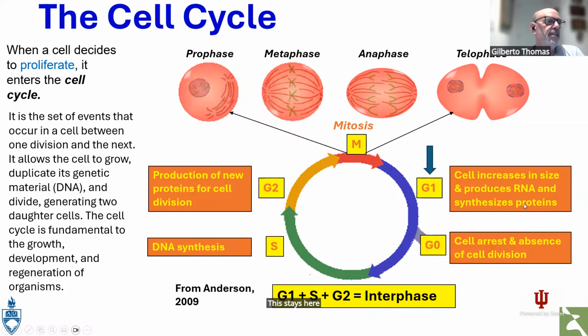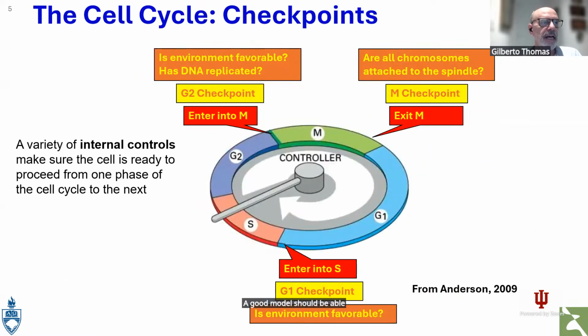after passing through all these stages, which are a preparation for the mitosis to occur. So it's a long and complicated process, and a good model should be able to reproduce that. Also, the cell cycle includes some checkpoints.